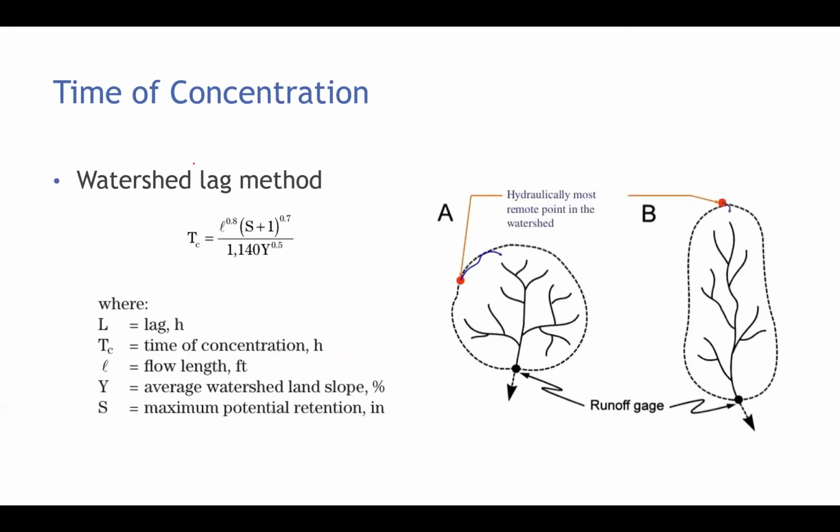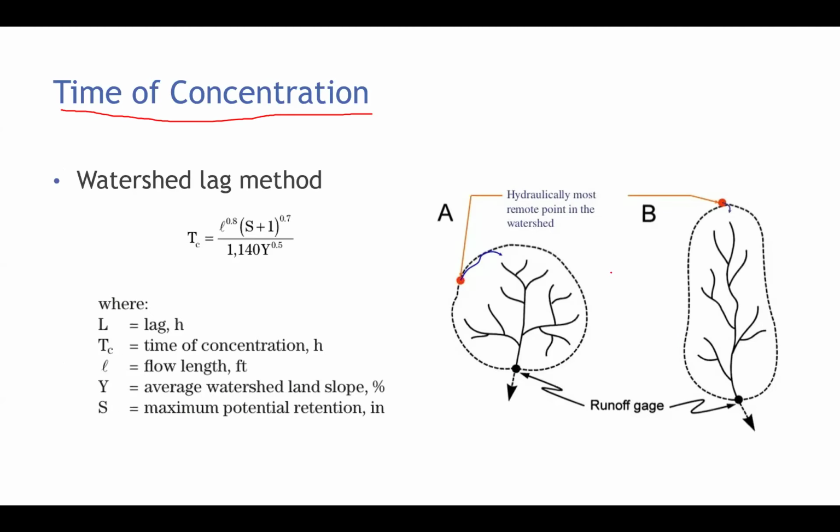Okay, now let us try to understand. We have already seen how to get the slope. Now, people may be familiar with time of concentration. It is nothing but how much time it requires for the raindrop which has fallen on the hydrologically remote point to reach the outlet.